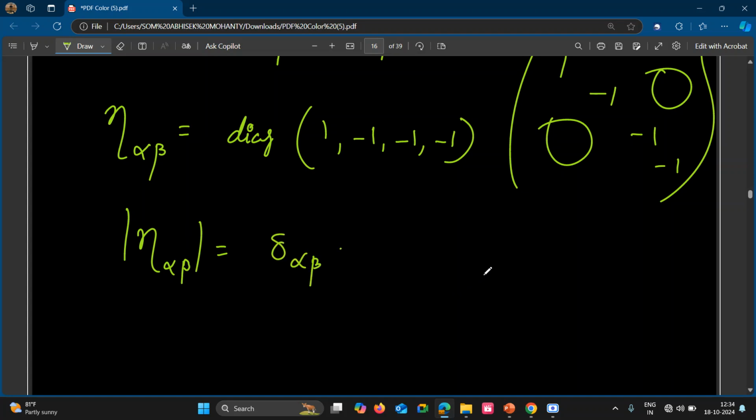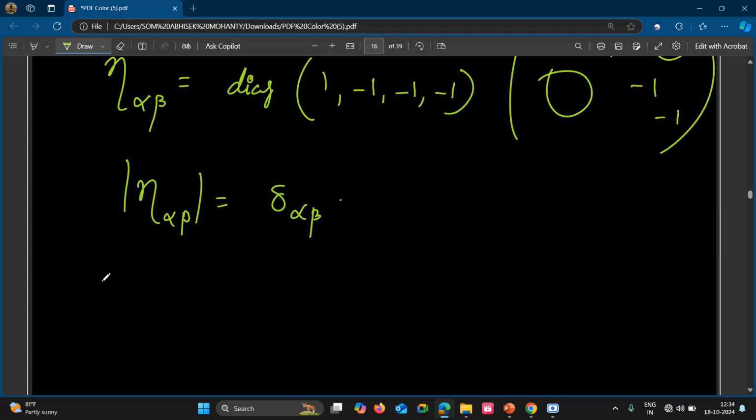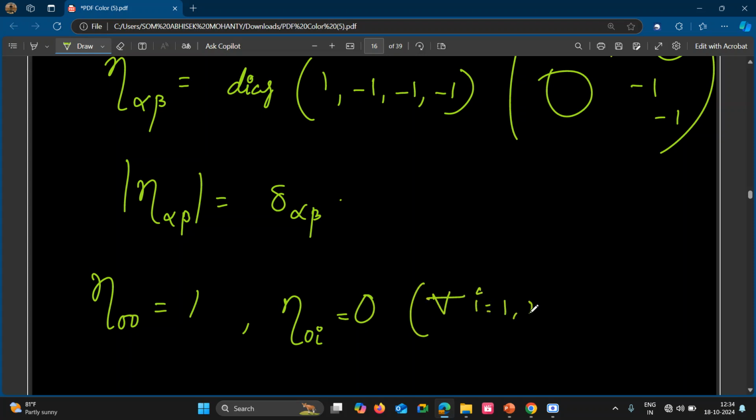Suppose we can also write eta 0 0 is equal to 1, and eta 0 i is equal to 0 for all i equal to 1, 2, 3. Once alpha is not equal to beta, this becomes 0, because it's also like a delta.